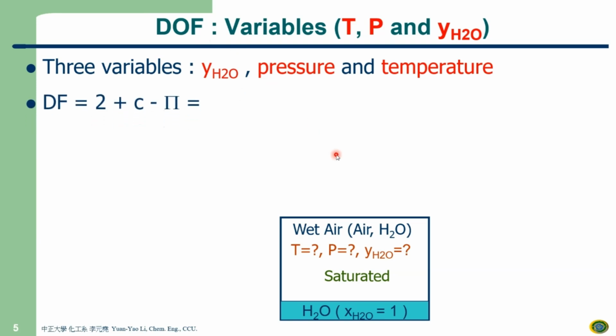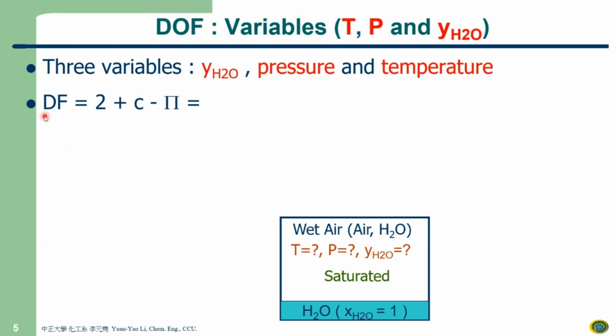So if we think of DOF, do I need to tell you these three in order to create this system? How much information do I need to give you in order to create this system? 3, 2, or 1? If I tell you the pressure, can you create this system, and then the temperature and the molar fraction of water will come out?